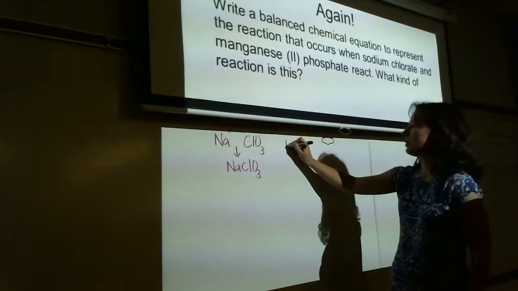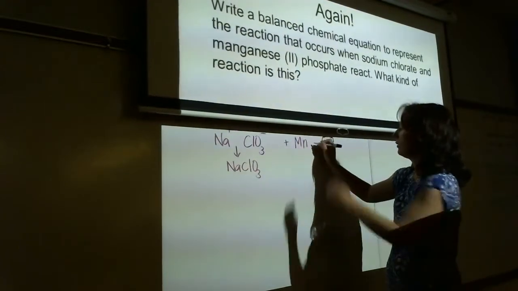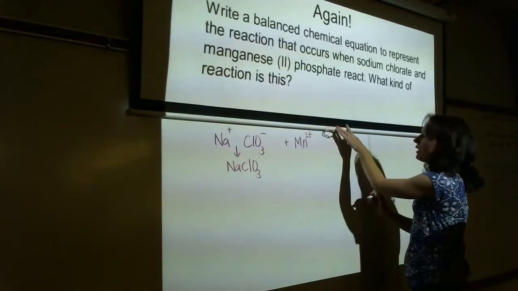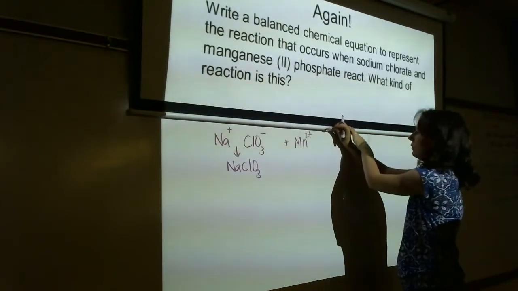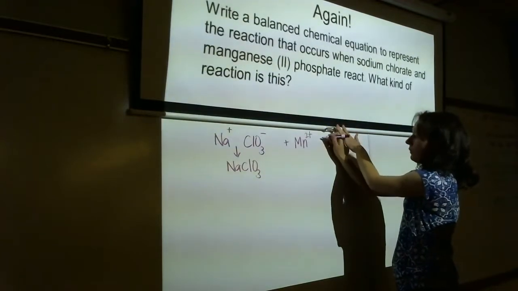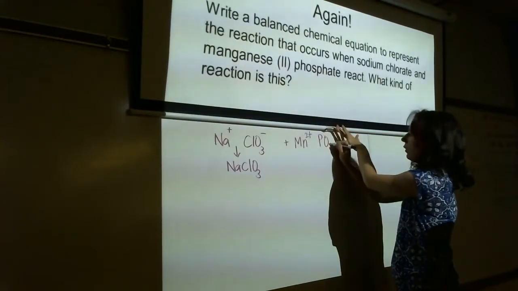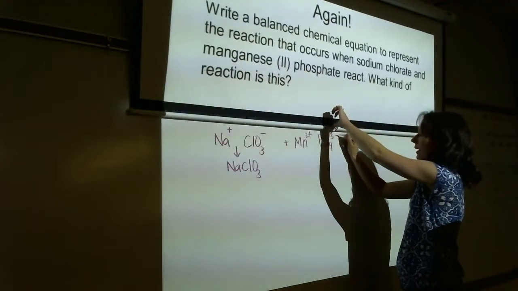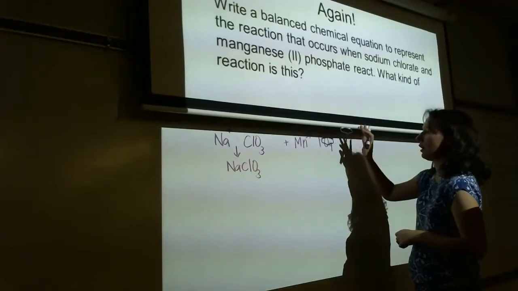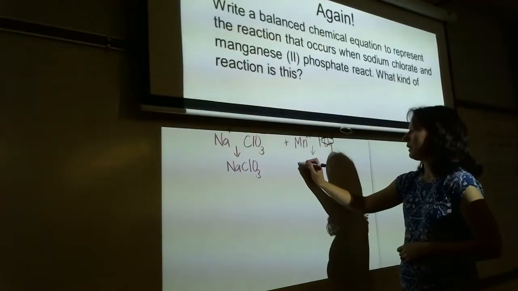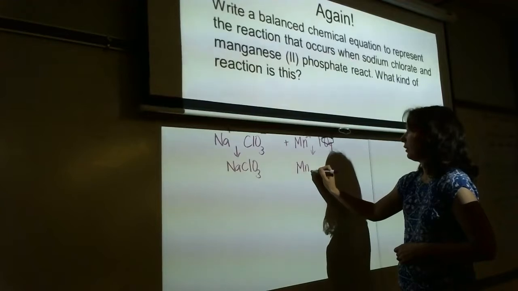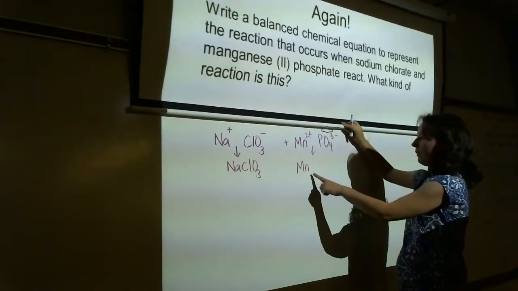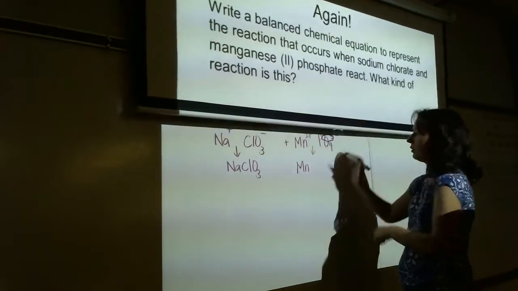Manganese(II), so that's just Mn2+. And what's phosphate? PO4, what charge? 3 minus, right? So when we crisscross those, that gives me Mn3(PO4)2.